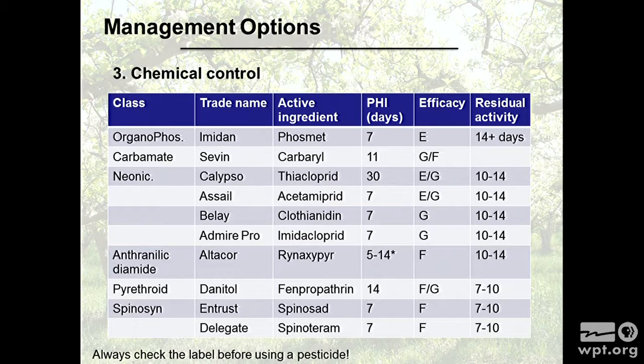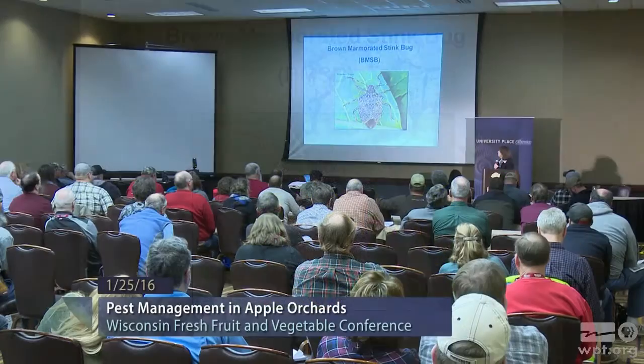I hope you all got your spray book so that you can go back and refer to that for your sprays. But here I gave you some of the efficacy of those different insecticides that you can use, the pre-harvest interval, and the residual activity that you would get with those different compounds. So again, check the label and do all your homework before using any of those insecticides.